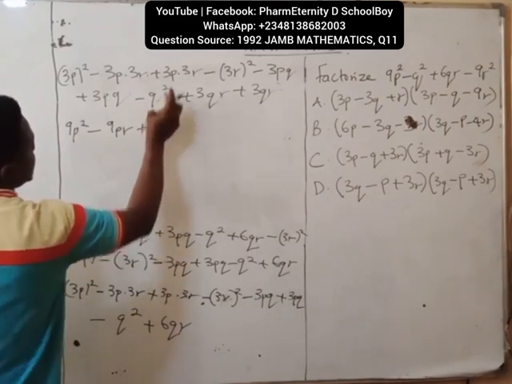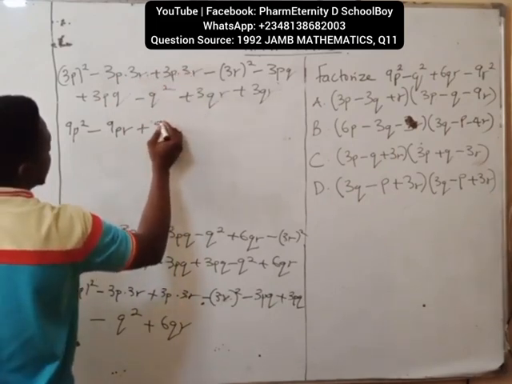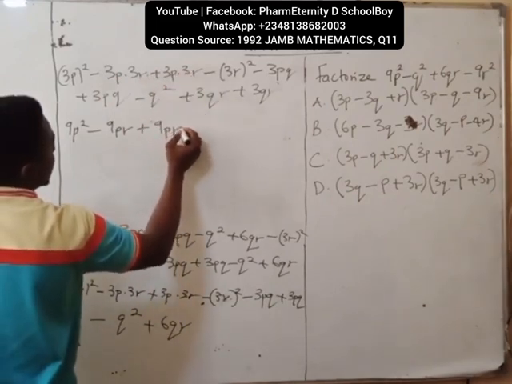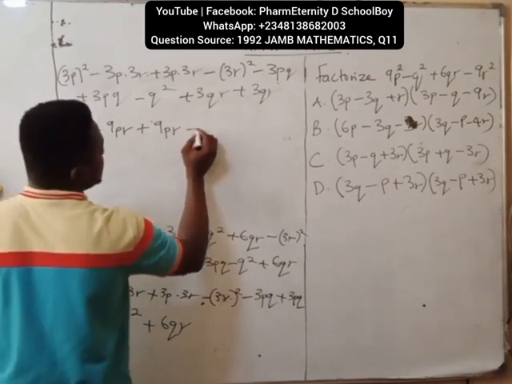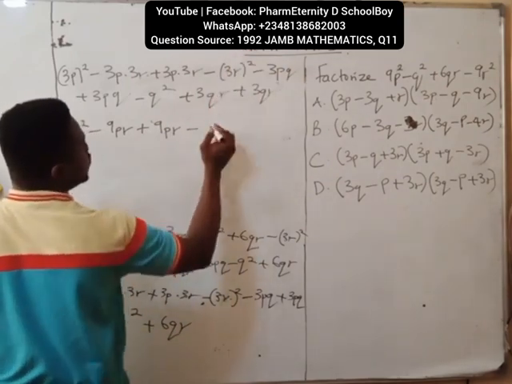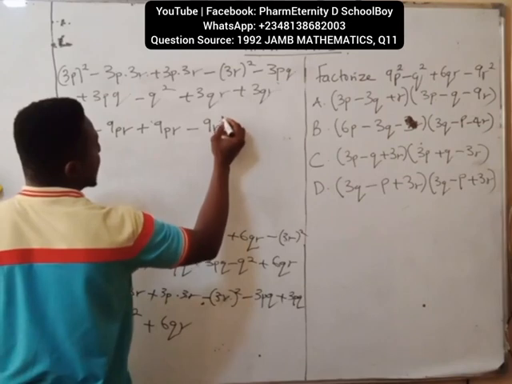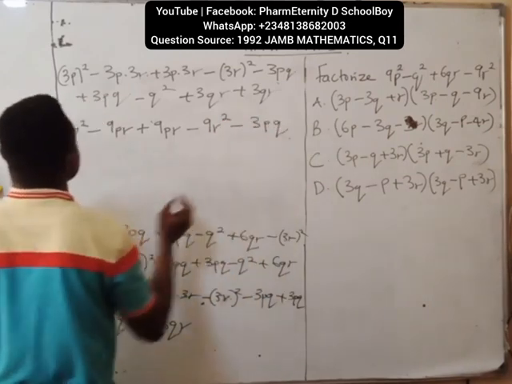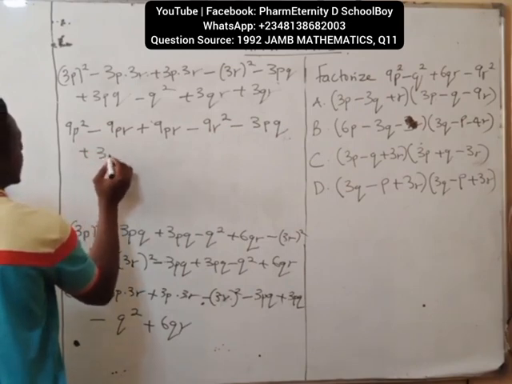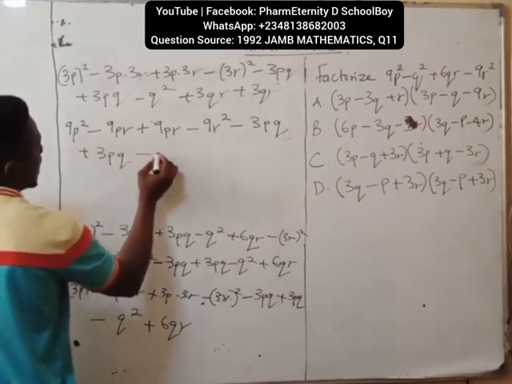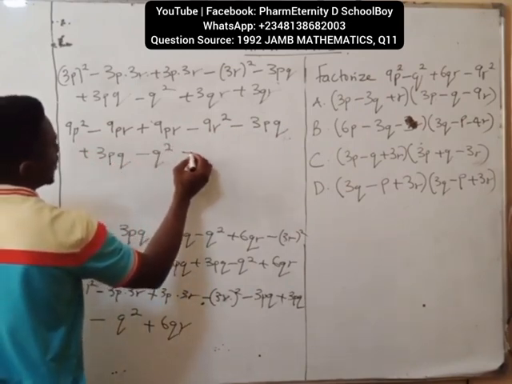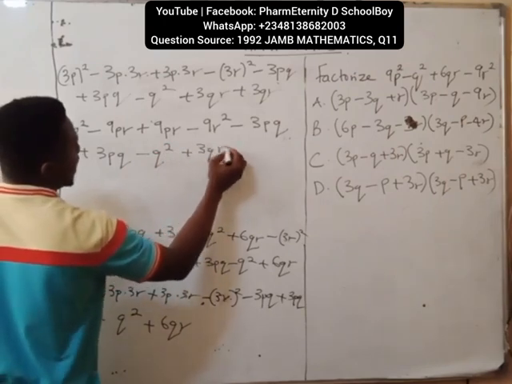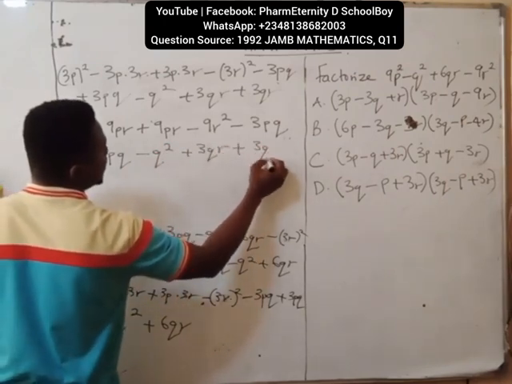Then plus the same thing here, 9pr. Then minus this squared, which is 9r squared, minus 3pq plus 3pq minus q squared plus 3qr plus 3qr.